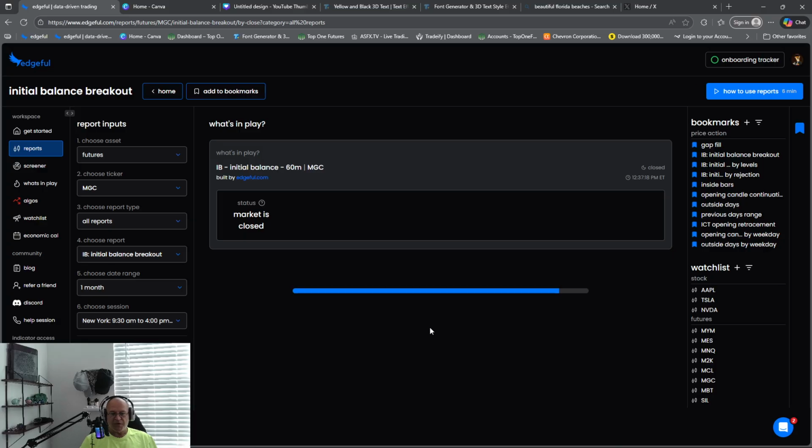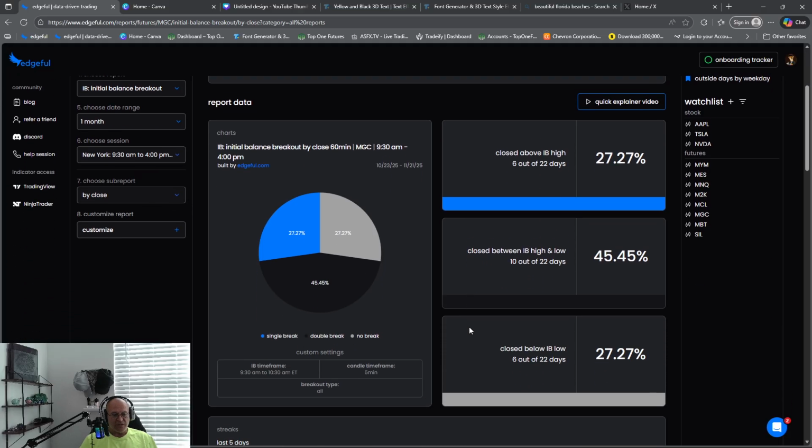Buy close. Okay, so this is going to tell us a little bit more where price closed at the end of the day in relation to the initial balance, right? Close of day. All right.